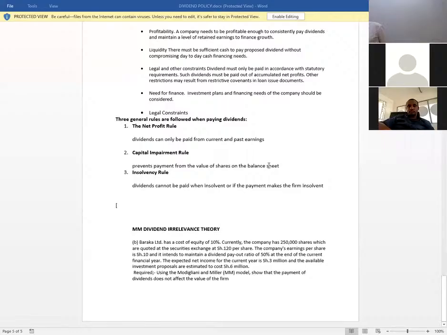We don't want to pay dividends in a way that our capital, our MPS, will go down. Then we have the insolvency rule: if you're insolvent, you should never pay dividends. Dividends cannot be paid when insolvent, or if the payment makes the firm become insolvent.